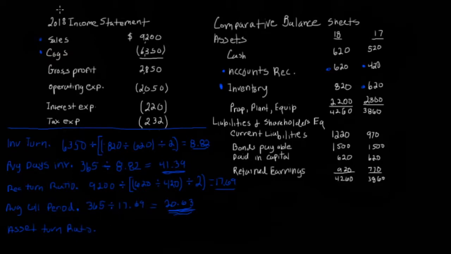For this one, what you're going to need is your sales, 9,200, divided by your total assets here, 4,260, compared to last year's 3,860.